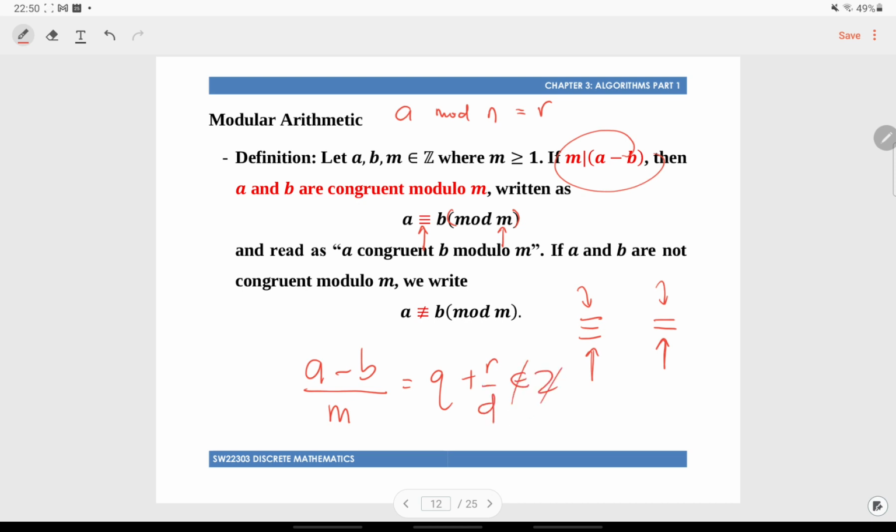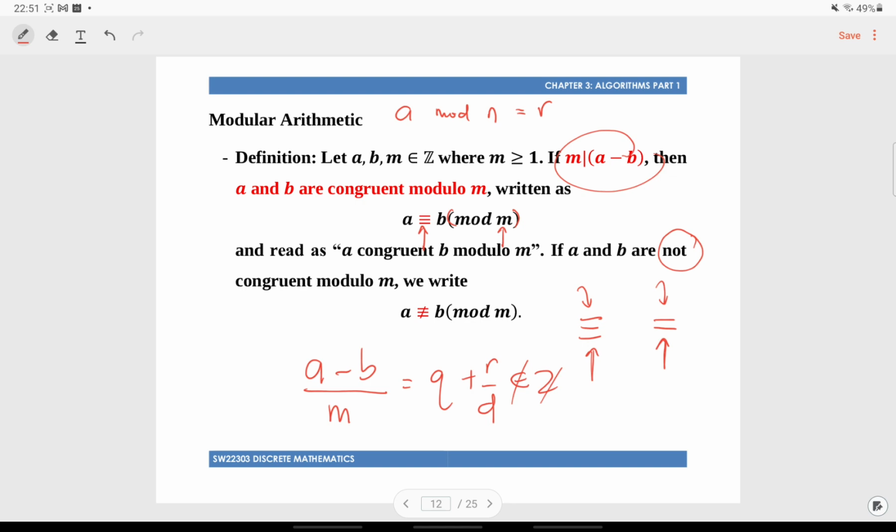That means a and b are not congruent modulo m, because they do not satisfy the condition to be congruent: when we divide a minus b by m, the outcome is a non-integer value.